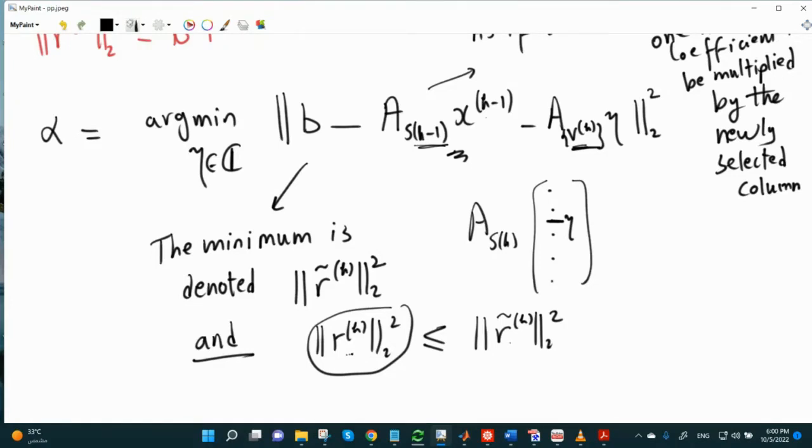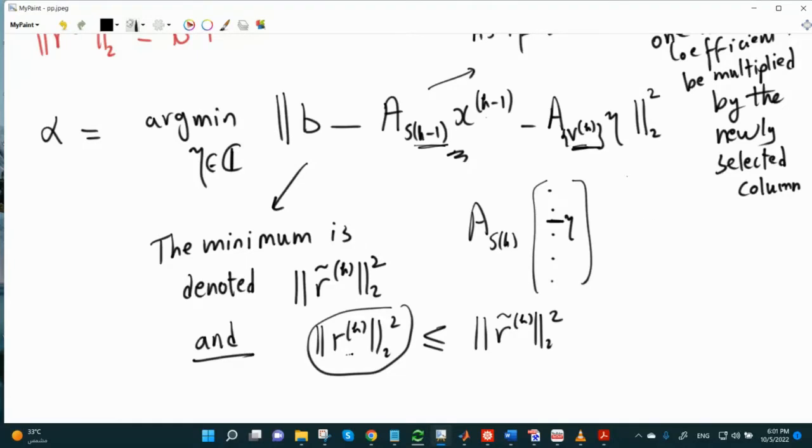We construct this by using a worse algorithm. So what is the algorithm? Don't optimize over K coefficients to multiply the K columns of A whose indices are in this set S of K. Just fix K minus 1 of them and just focus on one of them.